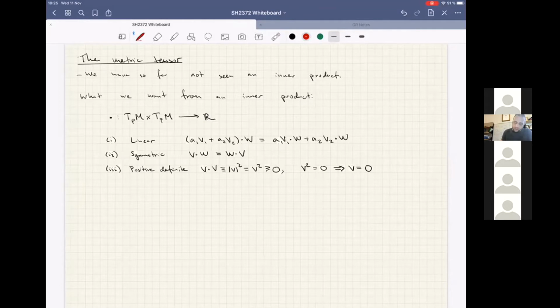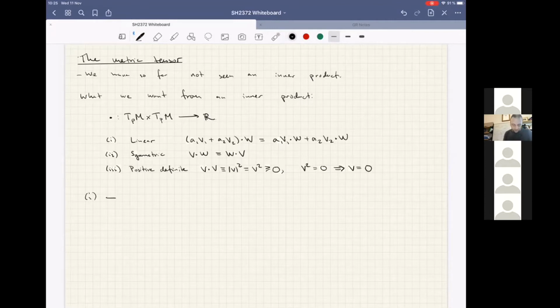So let's now discuss what these requirements tell us. Well, the first requirement, the linearity, already tells us that the inner product has to be a 0-2 tensor. So it's a linear map taking two vectors to a real number. That means that it is a tensor.